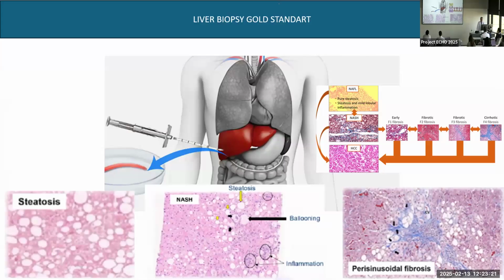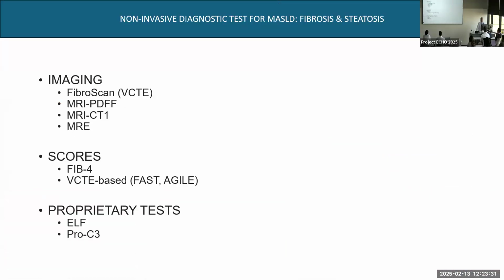For diagnosis, the routine and gold standard is liver biopsy, but it's not innocent and it has many drawbacks. So today, what we are trying to get is some diagnostic tools which are non-invasive. There are 3 kinds of these that we can reach at the moment. One is imaging.